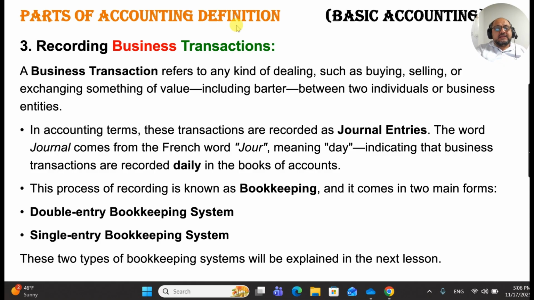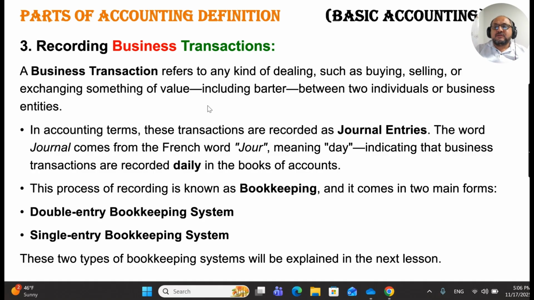I have explained the business transaction here, but I would like to just open your mind. In simple words, any kind of give and take: give money, take groceries; give money, take items. This is called a transaction.